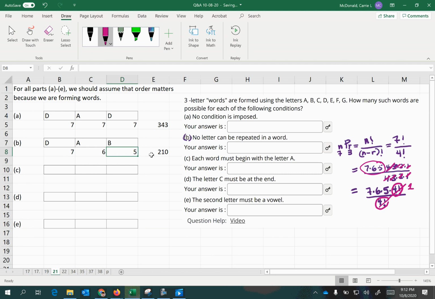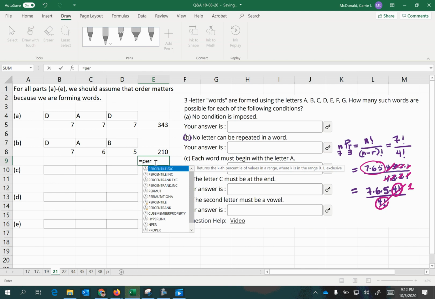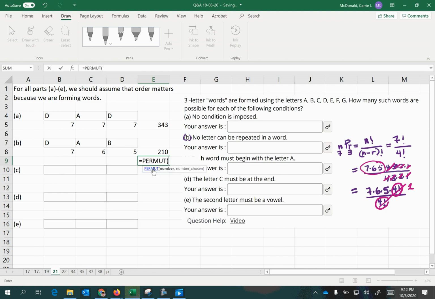Very efficient. And lastly, Excel has a permutations formula. I can type in permute, and I put in the number that I have to choose from, comma, the number of selections I'm going to make, and I get that same answer.